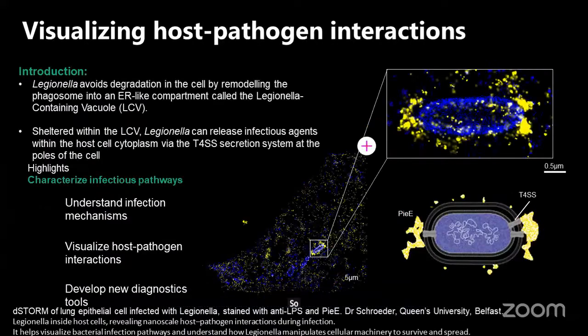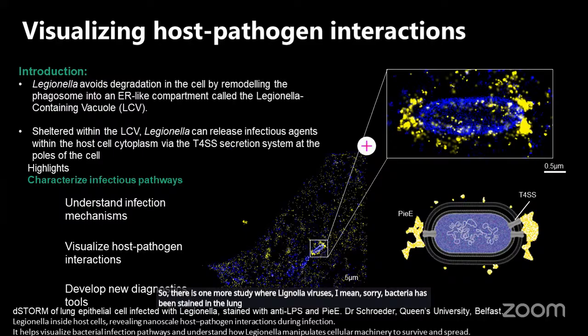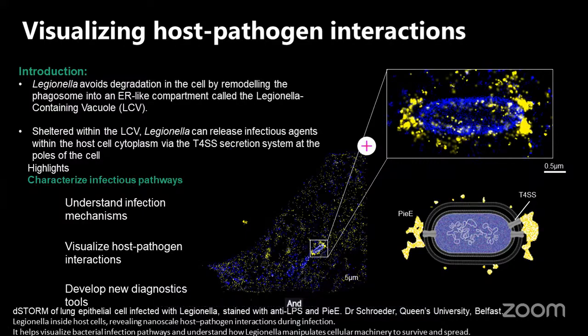There is one more study where bacteria have been stained in the lung, and we have shown how the host cells reveal nano host-pathogen interaction during infection. It also helps visualize bacterial infection pathways and understand how the pathogen manipulates cellular machinery to survive and spread.